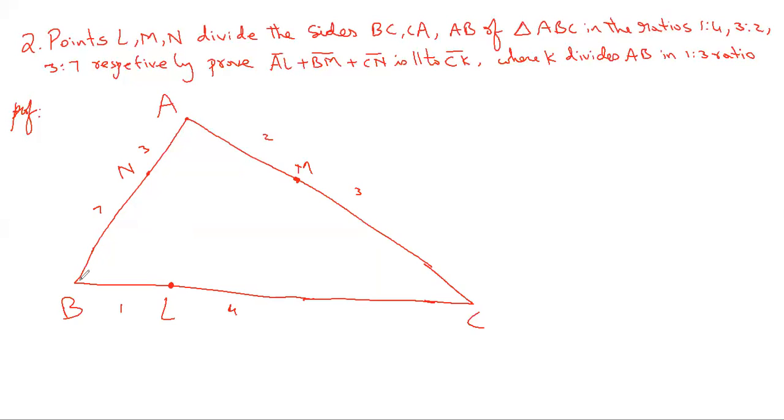If this is 1, this should be 3 times of it: one, two, three. So K is here, and this is 1, and this is 3. It's like that.